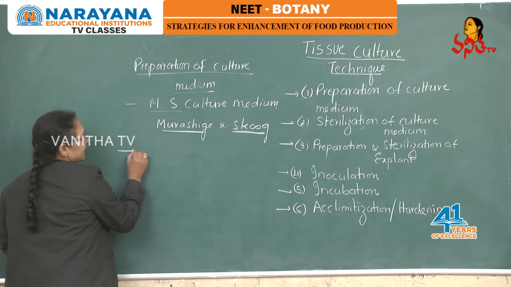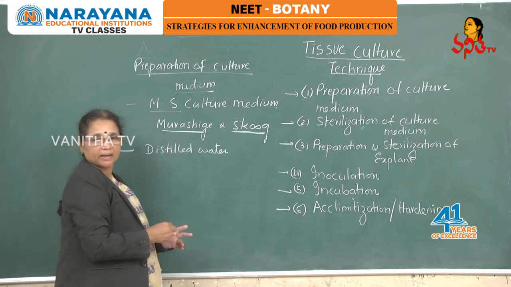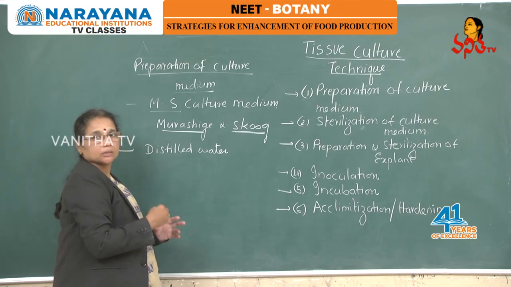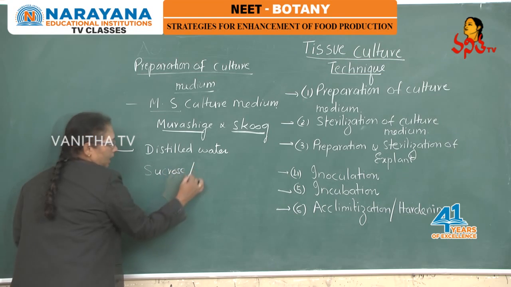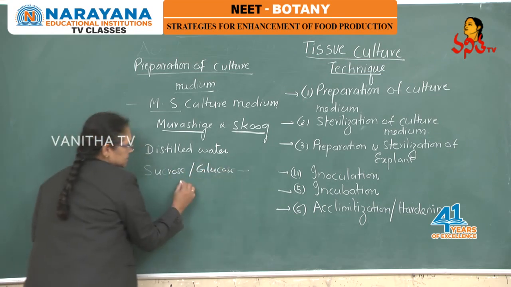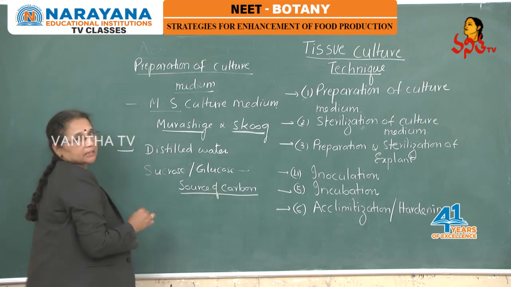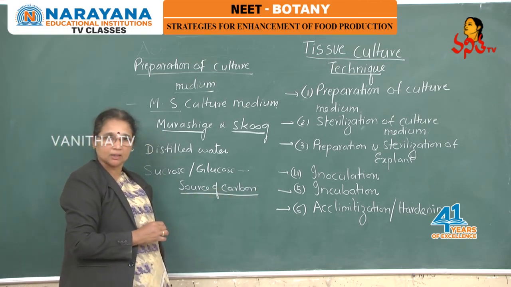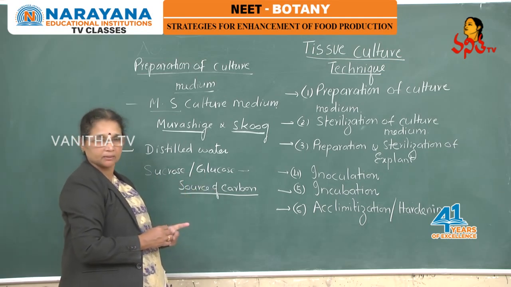First, they take distilled water. In distilled water, what are the requirements? They dissolve a carbon source. They use sucrose or glucose as the source of carbon, since the main requirement for the multiplication of the cells is carbon.